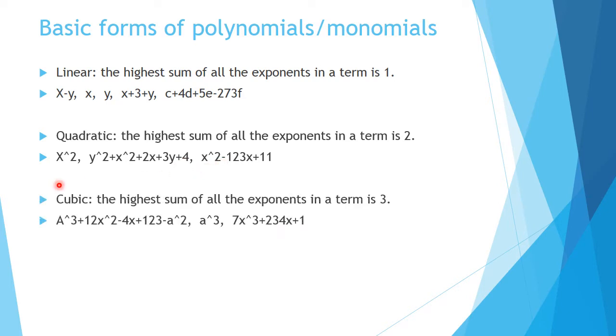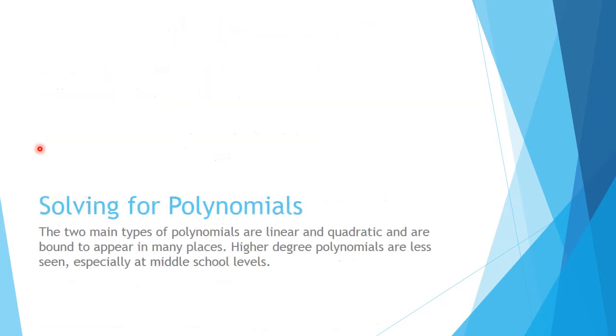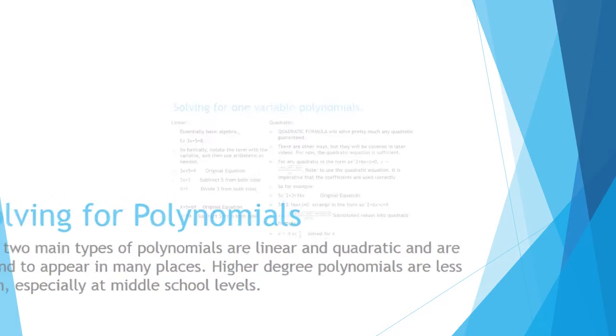There's also cubic, which is to a third power, and quartic, which is to a fourth power. It basically goes on forever, but most of them aren't important. The most important for polynomials are linear and quadratic. We're going to mainly talk about linear and quadratic because they are the most stable, they can be easily solved, and they aren't as confusing.